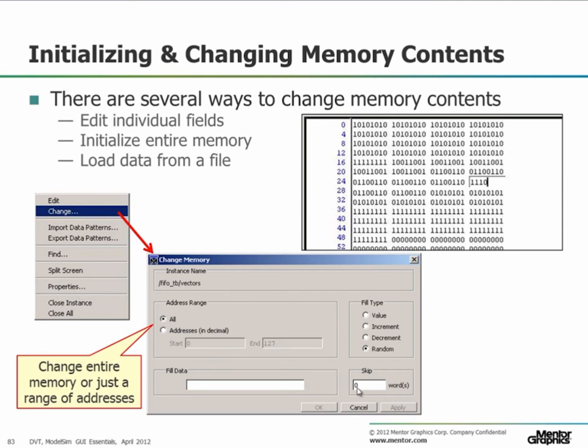With this skip, I can say, let's skip every other word starting at 0, put in 55, then starting at 1, skipping every word, put in AA, so I can put in a checkerboard pattern. There are lots of different ways that I can change the entire contents of the memory with this change window.